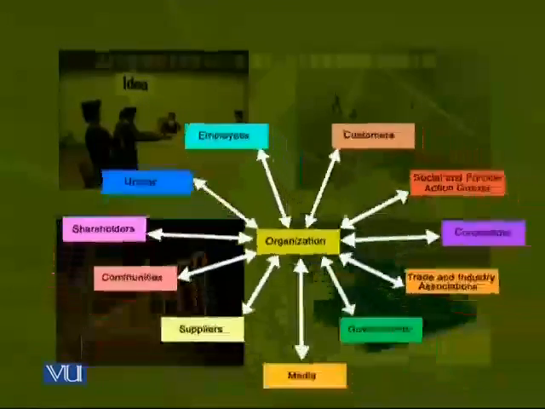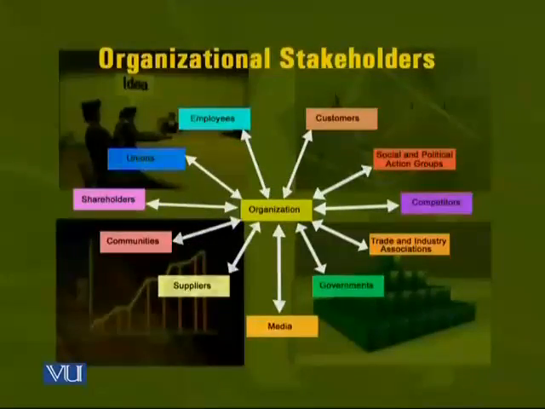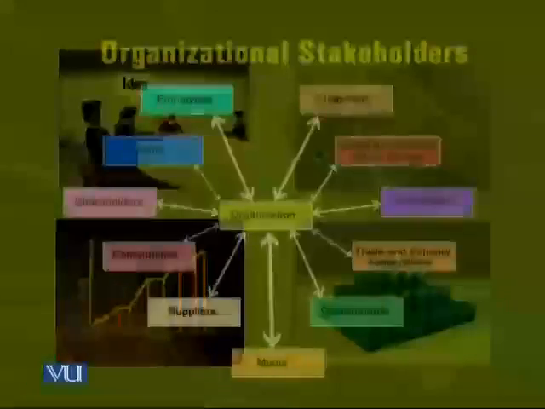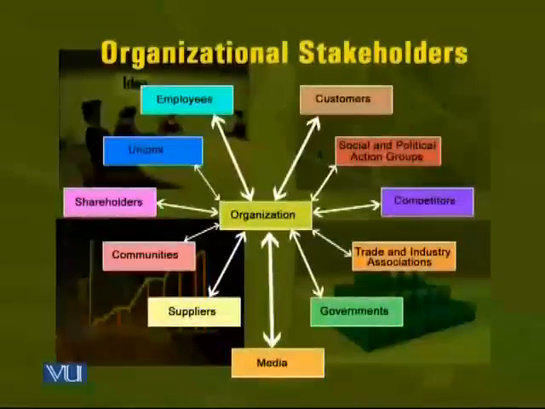Who are the stakeholders? Anybody, any organization, which is linked in one way or another with that particular organization. It used to be that organizations were only responsible or concerned about their shareholders, the people and organizations who have invested in them. But now they have realized that not only the shareholders, the stakeholders are also very important.